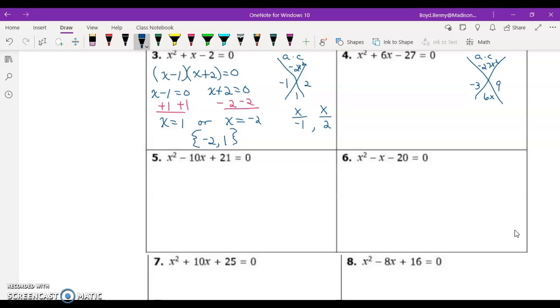So let's see here. I would have an x over -3 or an x over 9. Neither of those ratios can be simplified. So my two factors are x minus 3 from the first one and x plus 9 from the second one. We'll set each factor equal to 0, like we've done in the previous examples.